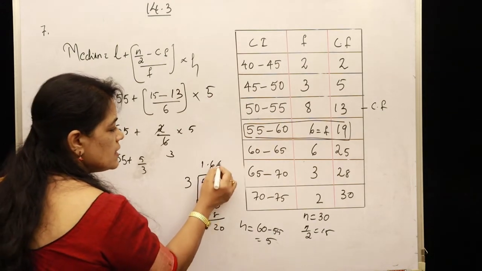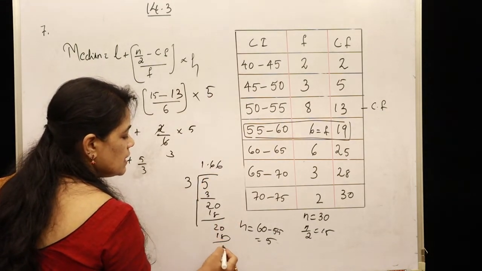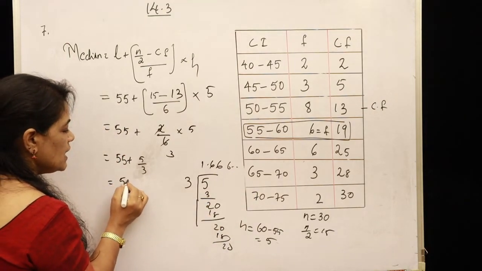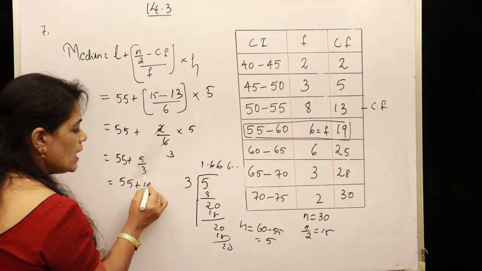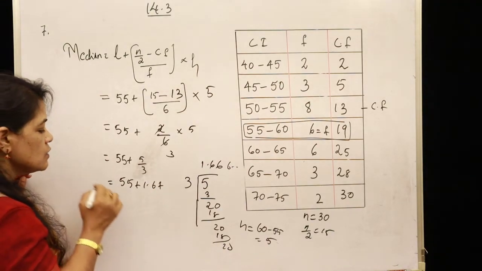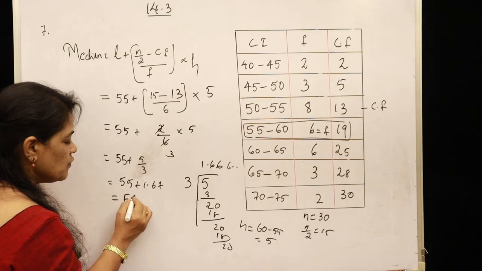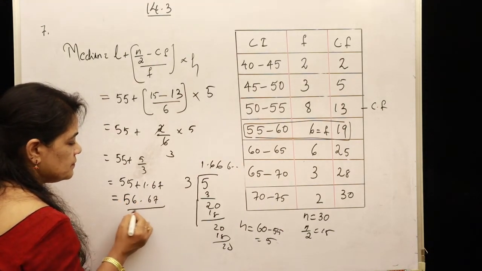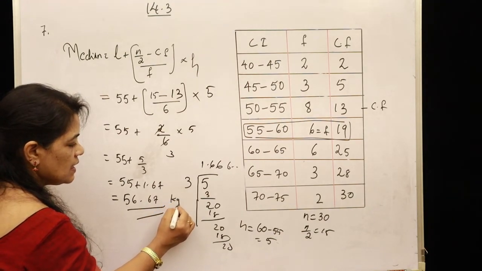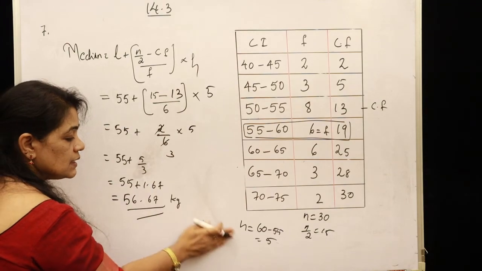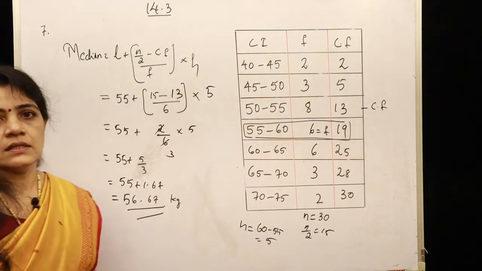Again 6, likewise. Okay, so 55 plus 1.67, we can round off to 2 decimal places. So the final answer will be 56.67 kg. This is the median weight of those 30 students of a class.